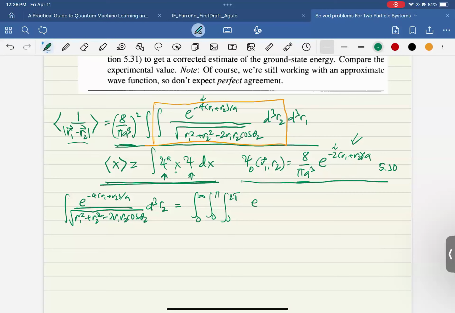Okay, ng exponential minus 4 R1 plus R2 over A all over R1 squared plus R2 squared minus 2 R1 R2 cosine theta 2 and then R2 squared dr2 tapos sine theta 2 d theta 2 and then d phi 2.